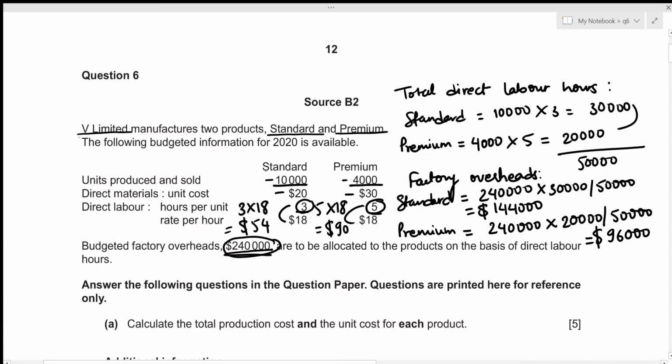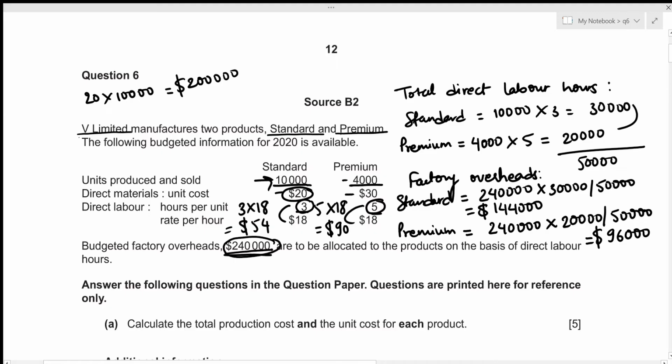Okay, so what we know is that the direct material cost per unit is 20, and we require the total direct material cost for 10,000 units of standard. So that's just going to be 20 times 10,000, which results in our direct materials for standard to be 200,000. Let's repeat the same process for premium.